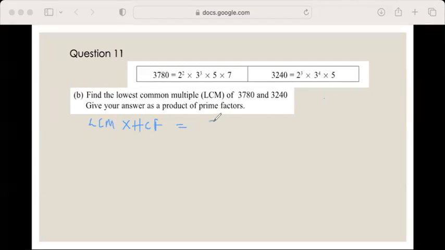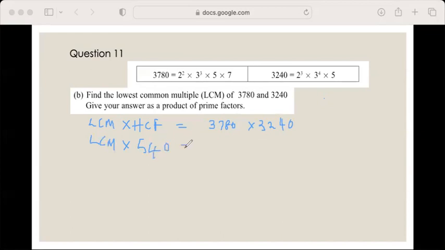That's what we found in the formula. 3780 times 3240. Right. So now, what's the LCM is what you need to find, but you already know the HCF. Earlier we found the HCF to be 540, I believe. Yes.